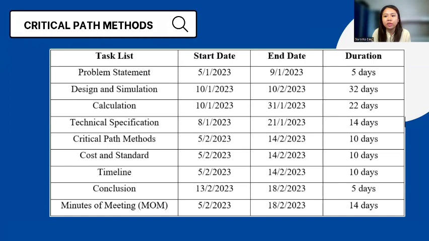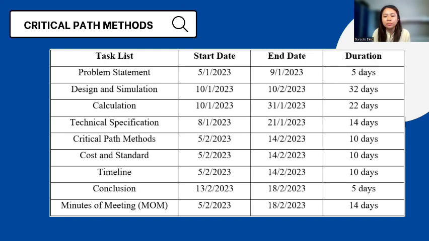Then technical specification, we take about 2 weeks. Then critical path method, cost and standard timeline, we take 10 days, from 5th of February until 14th of February. Then conclusion, which is the final week, 15th of February until 18th of February, about 5 days.